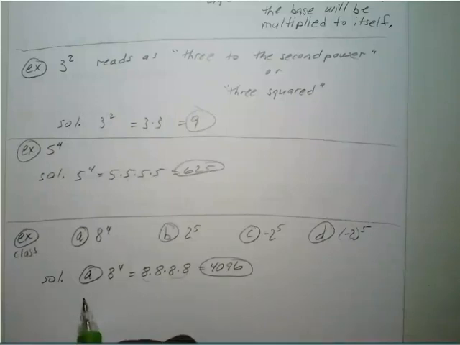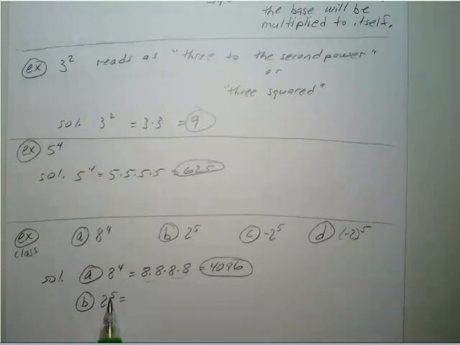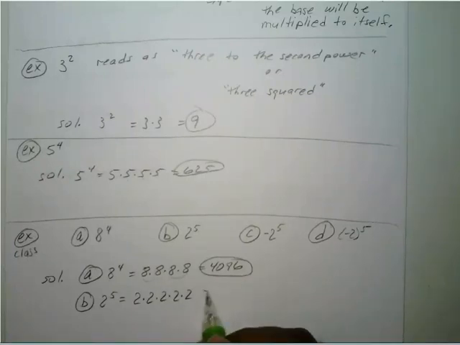Okay, so for problem B, you have 2 to the 5th power. Your base of 2 is going to be multiplied to itself 5 times. So that's 2 times 2 times 2 times 2 times 2. 2 times 2 is 4, 4 times 2 is 8, 8 times 2 is 16, 16 times 2 is 32.